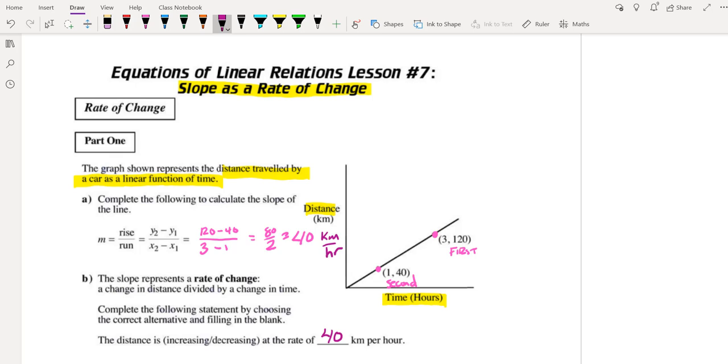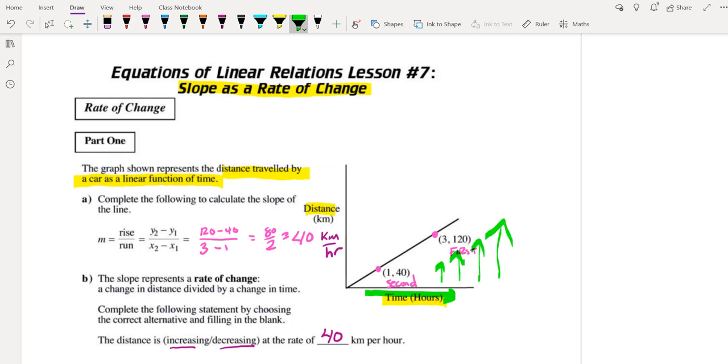But is this increasing or decreasing? Because change can happen in the positive direction or in the negative direction, right? Which way is the line pointed, right? Up and to the right. As time progresses in this direction, the value of y just keeps getting bigger, bigger, and bigger.